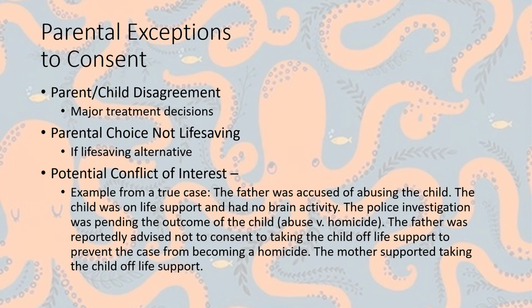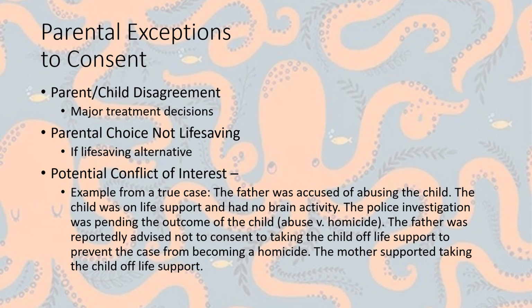So, let's suppose that child were to have a situation where they were brain dead and should be taken off life support. That parent would be considered in conflict of interest because they have a financial benefit of keeping the child alive, as far as their source of income. So that is important to think about sometimes.